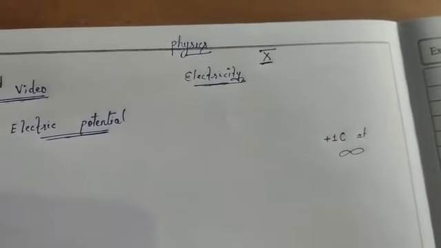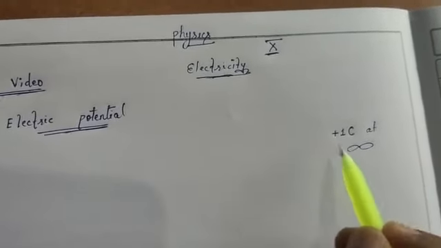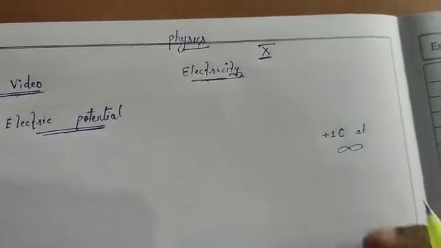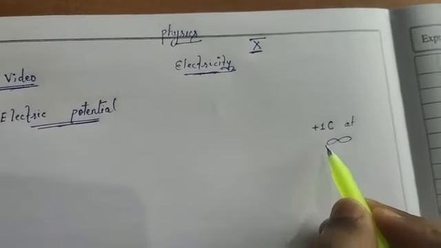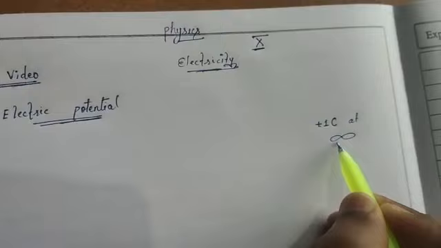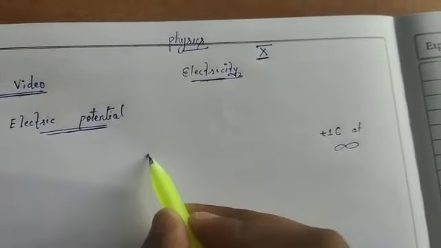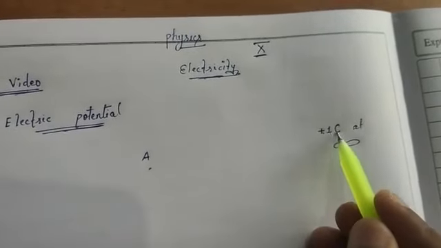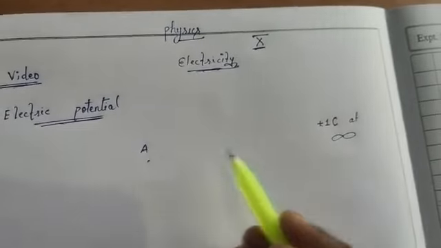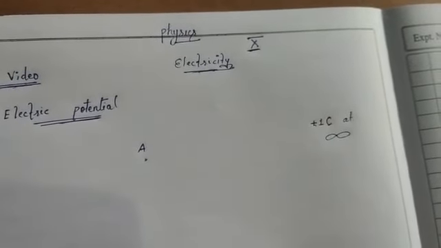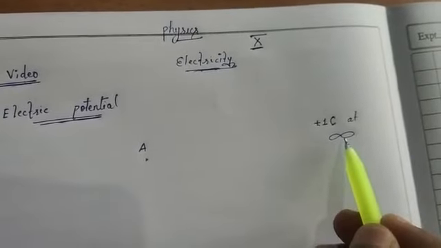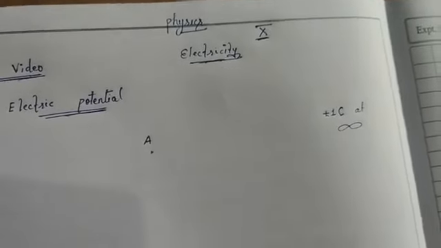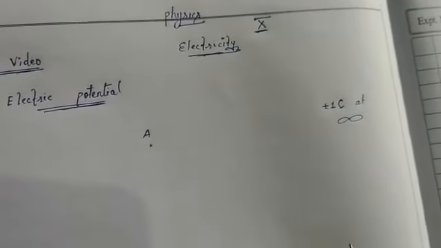So what we have done now is that we have assumed plus 1 coulomb charge placed at infinity, and suppose we want to move this charge from infinity to a point, say A. Means we have to move this plus 1 coulomb charge from infinity to this point. If we want to move this charge from infinity to this point, we have to do some work. Exactly, we have to do some work.